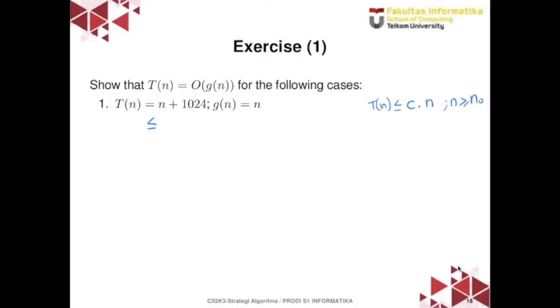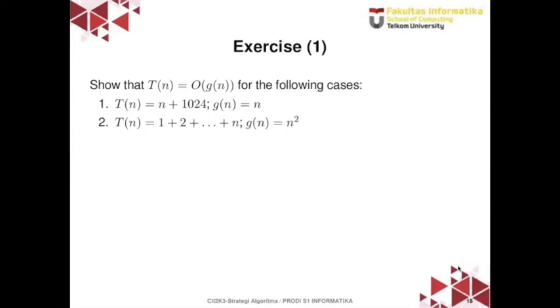Here we can say that n is less than or equal to n, and 1024 is less than or equal to 1024n. But of course it only holds for n at least 1 because it doesn't hold for 0. So this equals 1025n. We can consider this as C and this as n0, so that we can say that it is in big O of n.